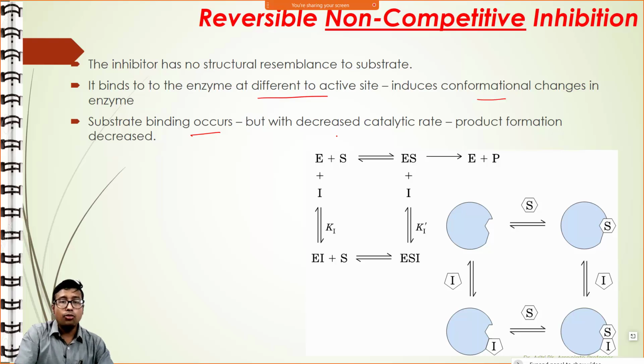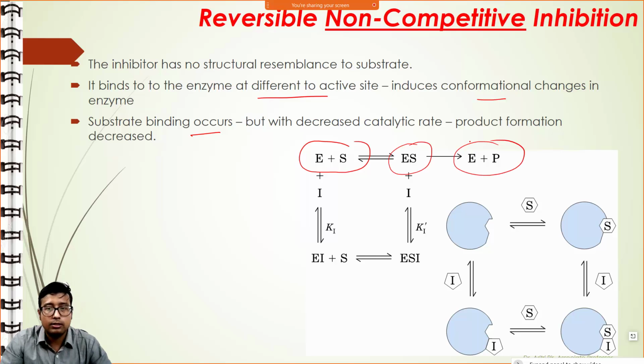Normally, enzyme and substrate bind to form the enzyme substrate complex and then it forms the product, right? Now, this inhibitor can either bind to the enzyme substrate complex, or it can bind to the enzyme at a site other than the active site, and then it will lead to the formation of a complex that has enzyme, substrate and inhibitor.